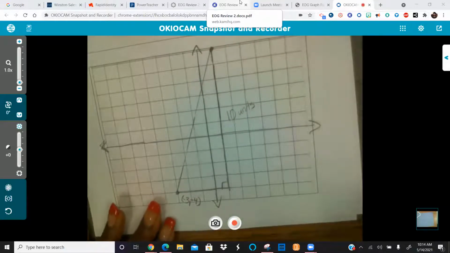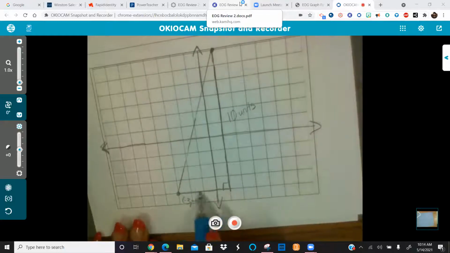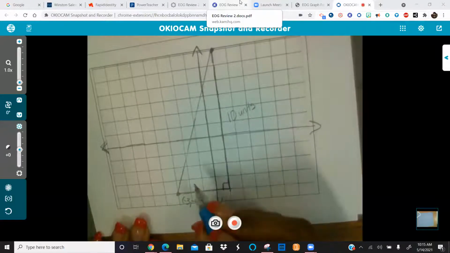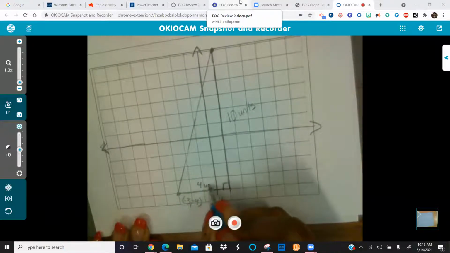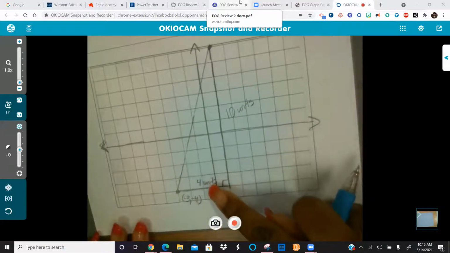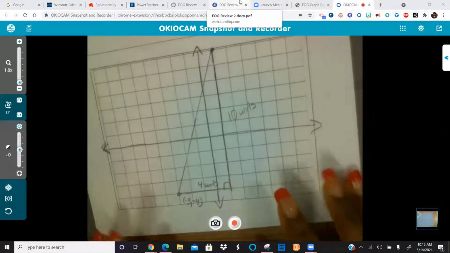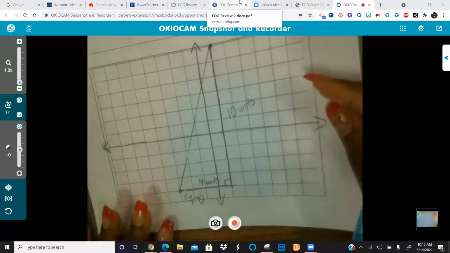And now I'm going to count my units from here to here. This is 1, 2, 3, 4 units long. So my legs are 4 and 10. I'm going to use those two measurements in the Pythagorean theorem.